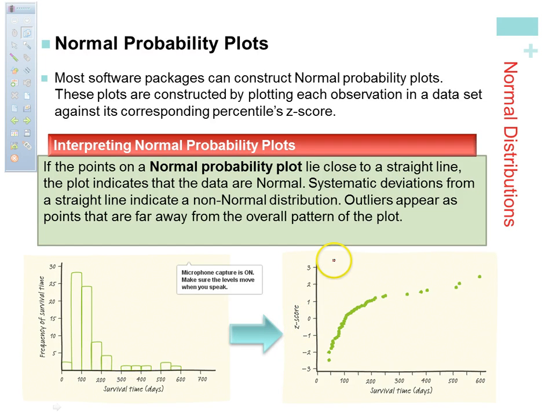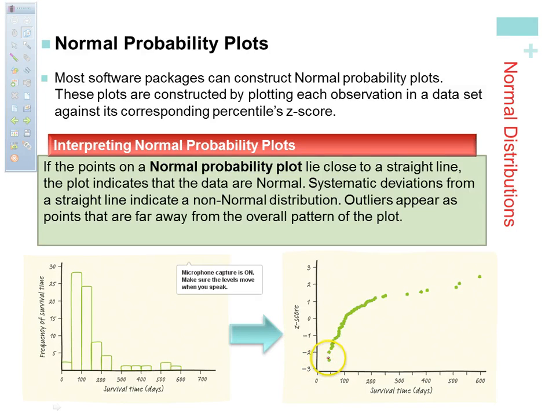Okay? What a normal probability plot does is it takes the values of the variable, right? So you see the horizontal axis is the same. So we take the guinea pig that survived, probably 50 days, and we calculate that 50 days into a z-score.